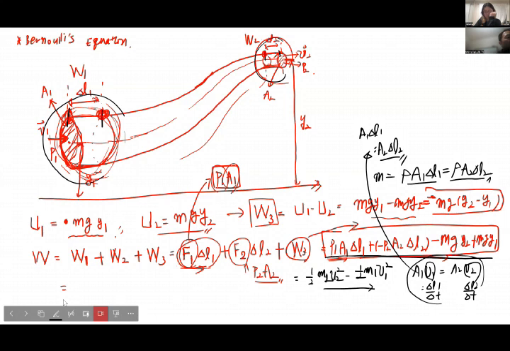So if you plug that into this formula, you just rearrange this formula.